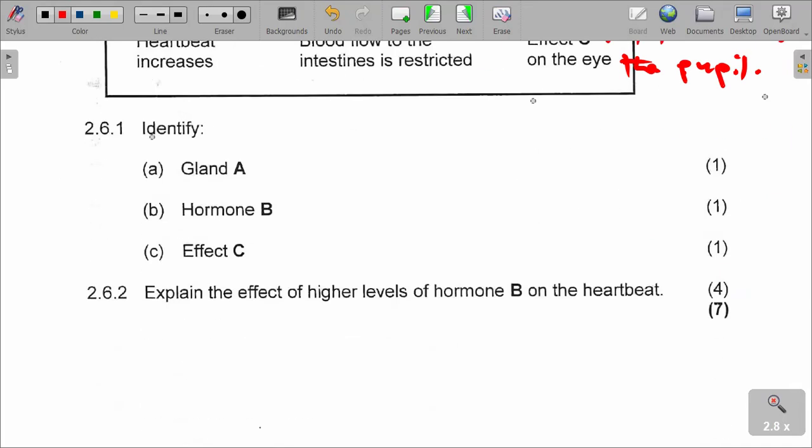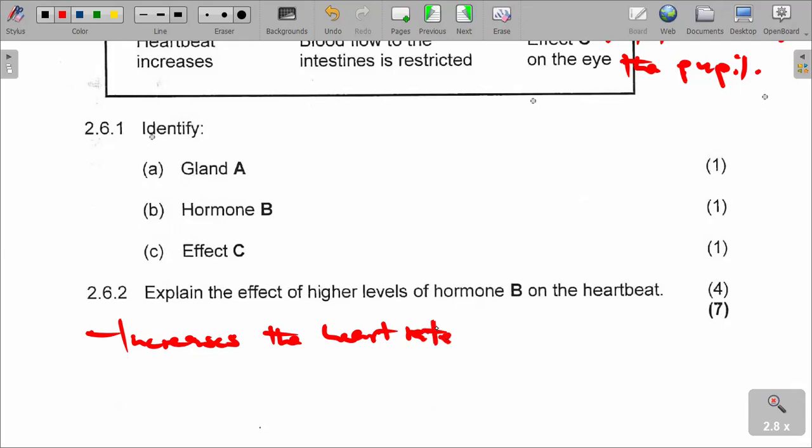And then the next question is saying, explain the effect of higher levels of hormone B on the heartbeat. During the fight and flight response, the impact is increasing the heart rate. It increases the heart rate.